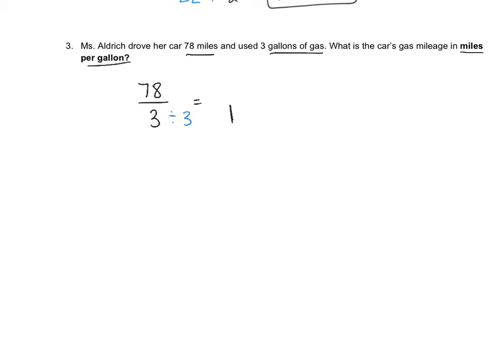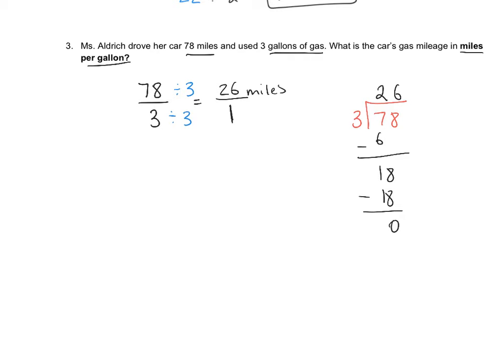I need to divide by 3 to get to 1, so I'm going to divide by 3 on the top. Then go ahead and do your division here. Once I do my division, I get 26 as my answer. So it's 26 miles per gallon.